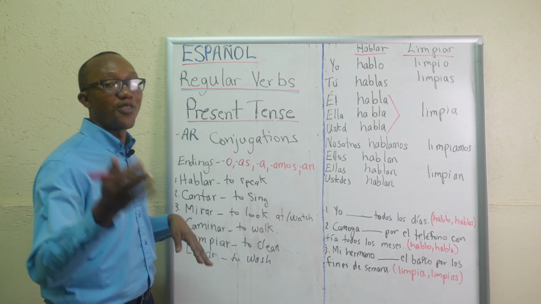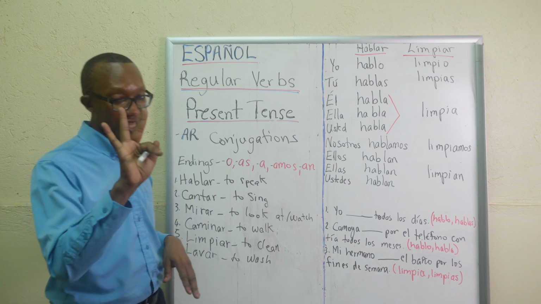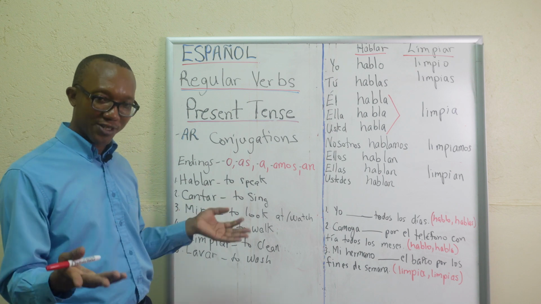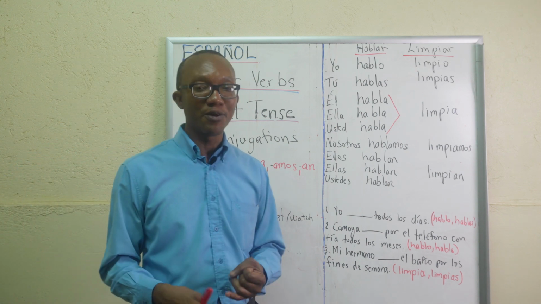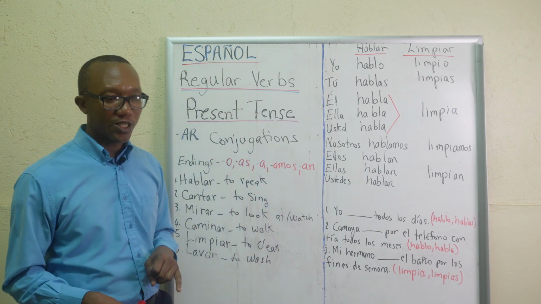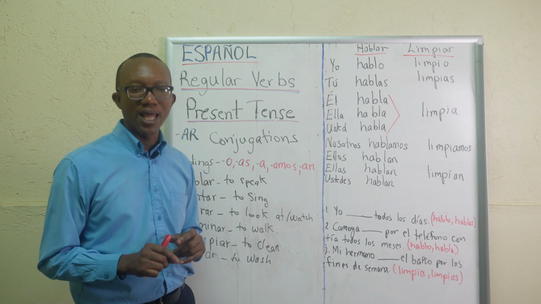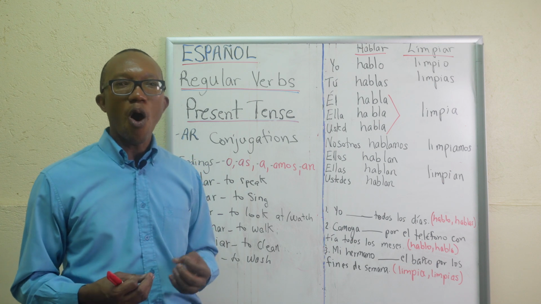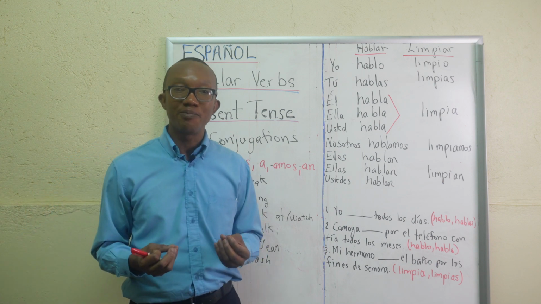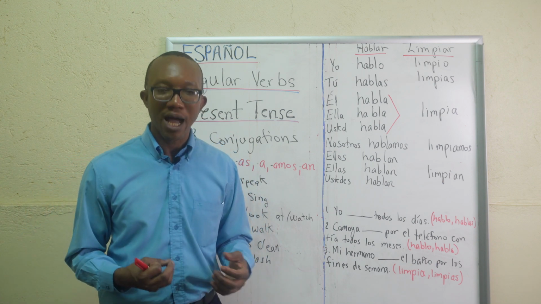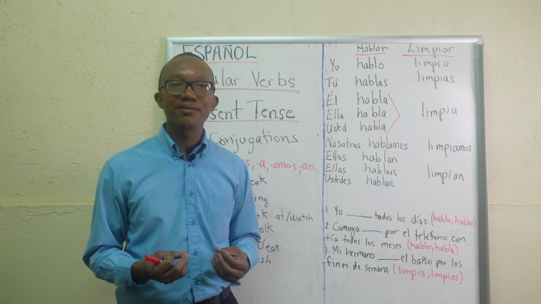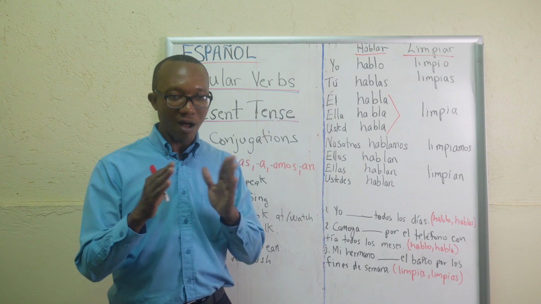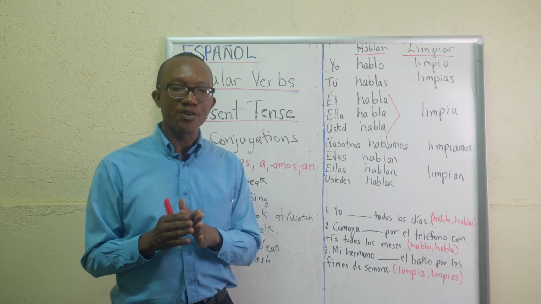And of course, there are three types of verbs in Spanish: AR, ER, and IR, right? You will have learned that, or you're learning it now, so remember, three types of verbs. But we're going to focus on the AR verbs. When we say type of verb, we're talking about the infinitive form, meaning "to" with the action. So to speak, hablar, that's AR, so it ends in AR.